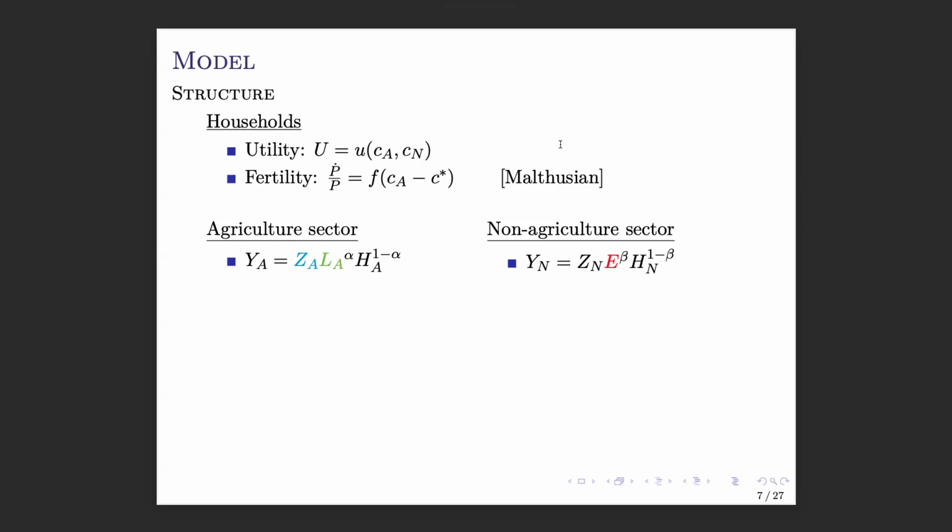The E is the interesting thing here that makes this model non-trivial, right? So energy that's used in this sector comes from output in the forestry sector. That's Y sub F here. Think about that as kind of timber. That in turn is produced using land, which is then harvested.